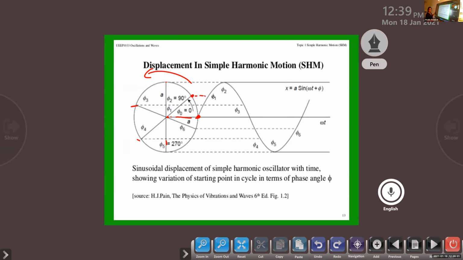It is indicating the next phase, that is phi-1. As you go higher, the ball reaches up to 90 degrees. You can see a virtual line drawn from the 90 degree point, and that means it is forming the maximum amplitude. In uniform circular motion, it is the maximum radius at 90 degrees.